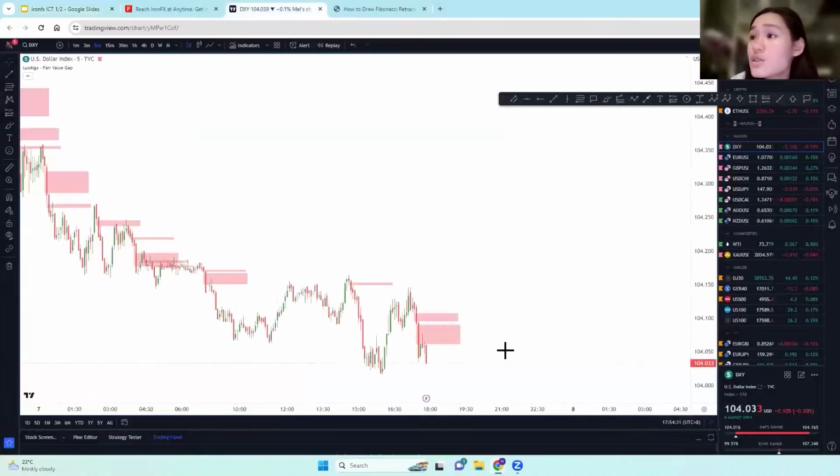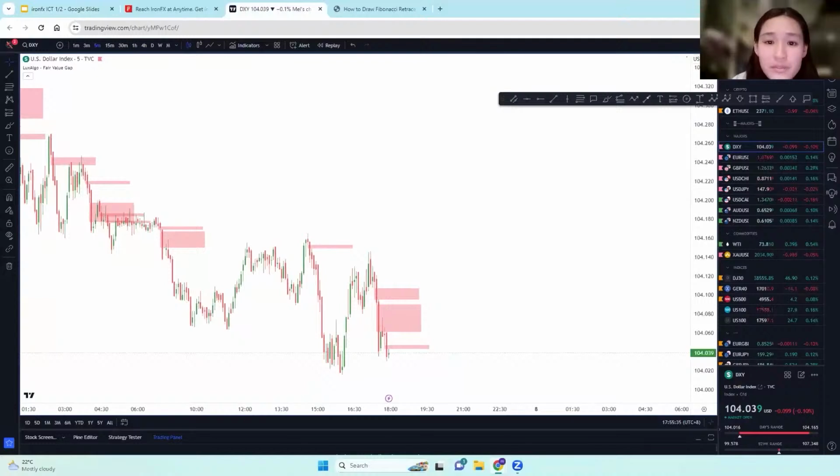Okay, let's look at this example maybe. If I can find a double fair value gap, I'll show you as an example. But one of the websites we used, let me just share that website with you, because this is quite a niche trading strategy. So I'm just gonna share all the resources that we use.